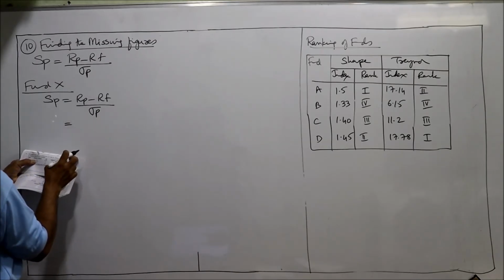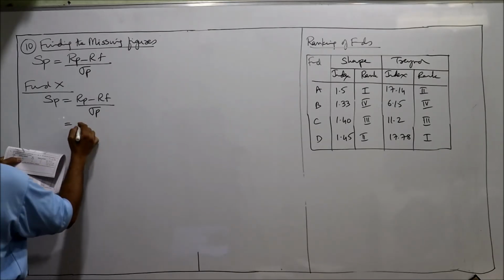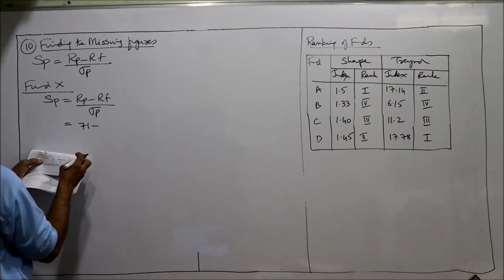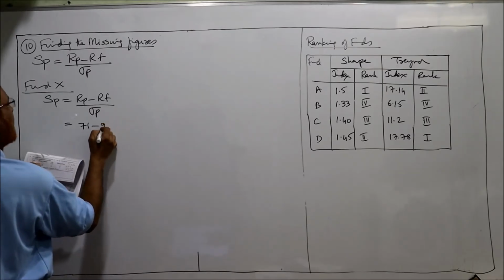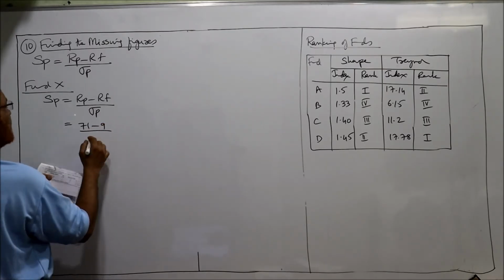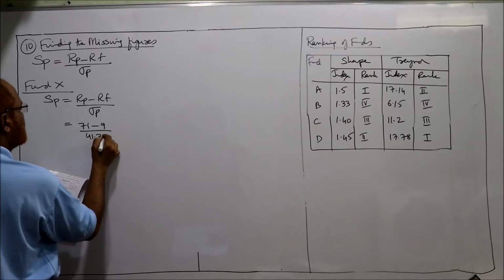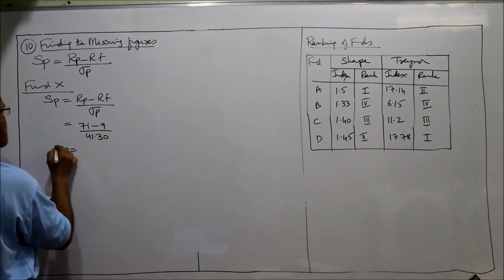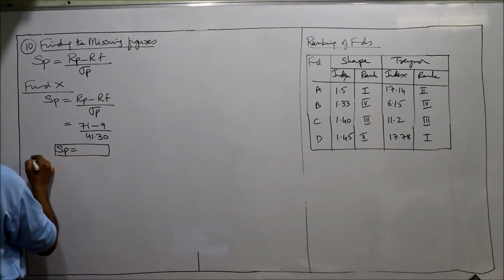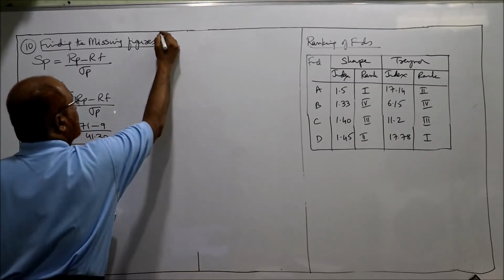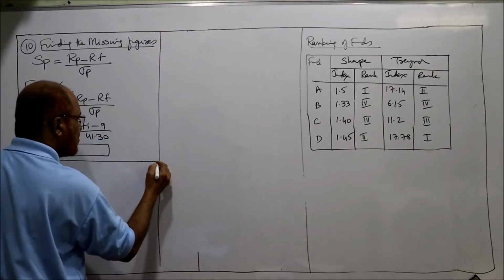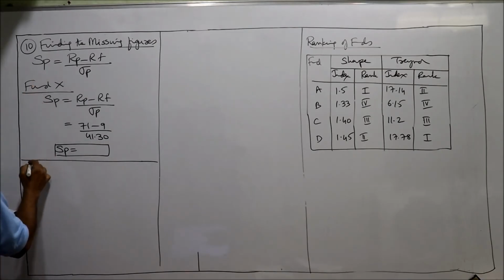But return on fund is 71 minus risk-free rate. The risk-free rate is 9%. And standard deviation is 41.30. First fund X completed.